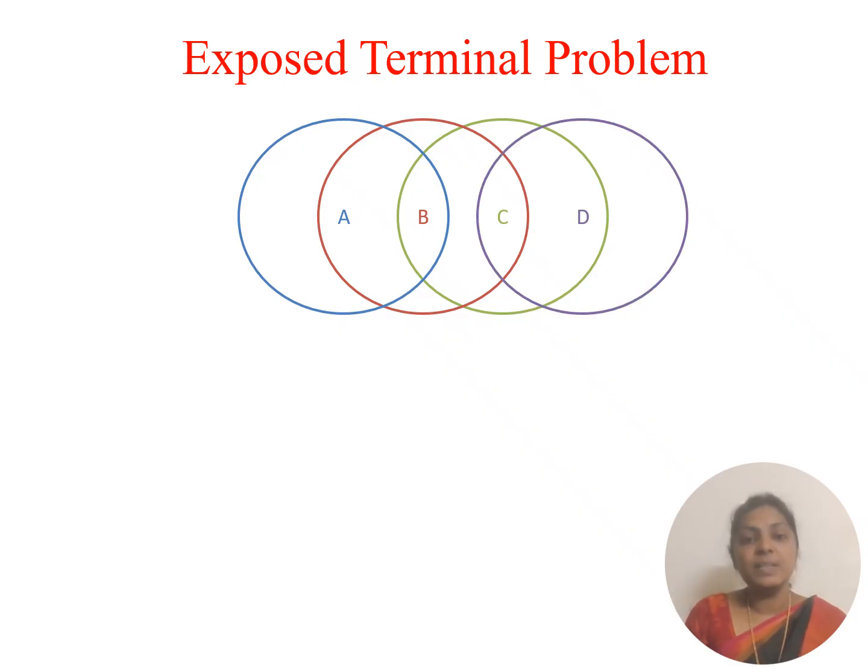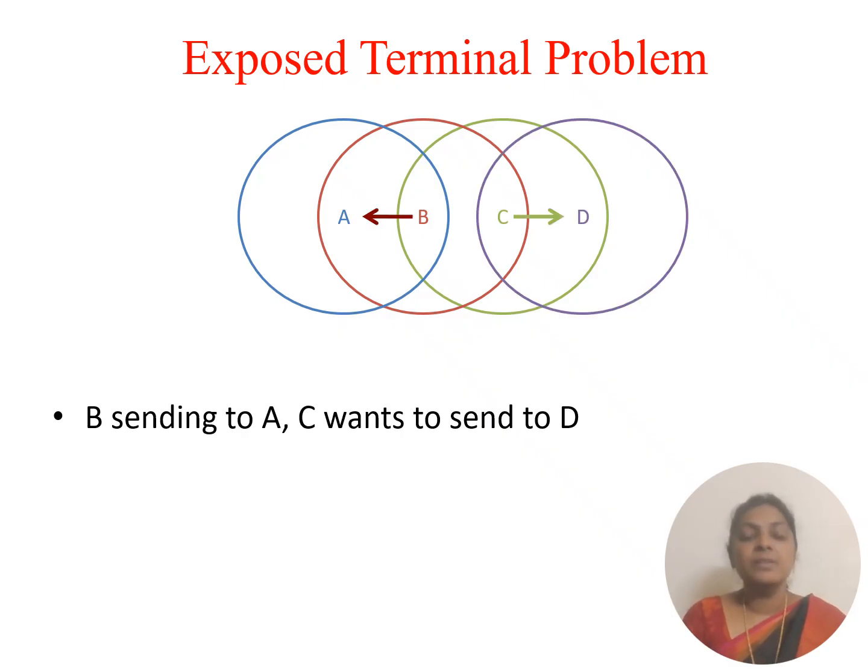Then comes the exposed terminal problem. As you can see in the picture, A, B, C and D are the four nodes available in this wireless network. Here, A is able to see the coverage range of B, and C is able to see the coverage range of B. So B wants to send data to A, which means it will be sent as a broadcast radio signal.